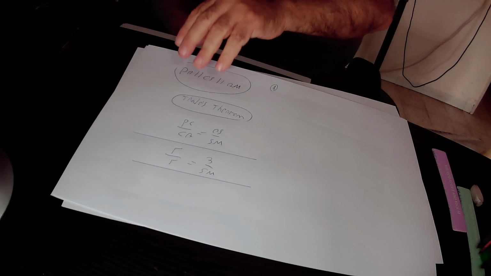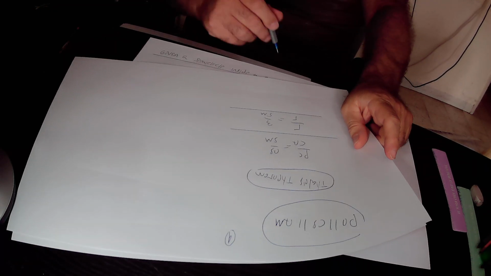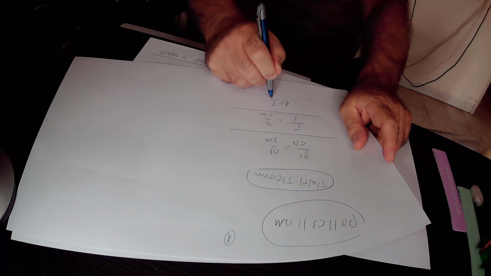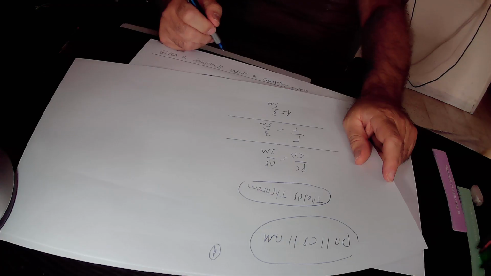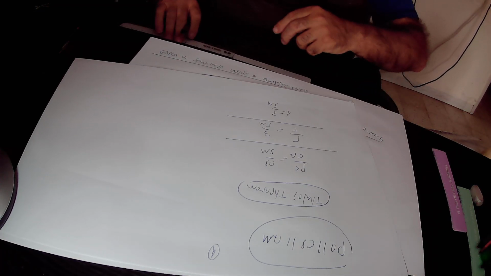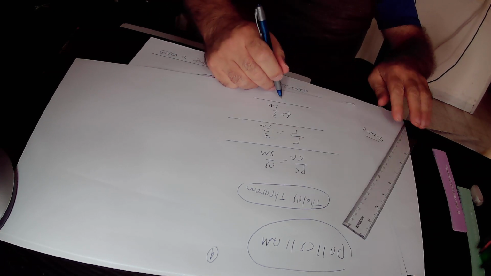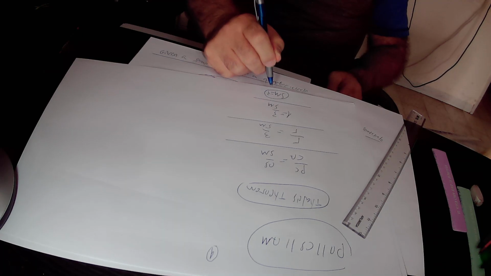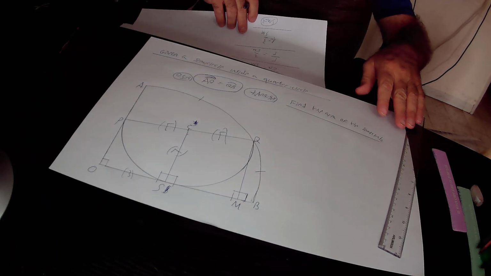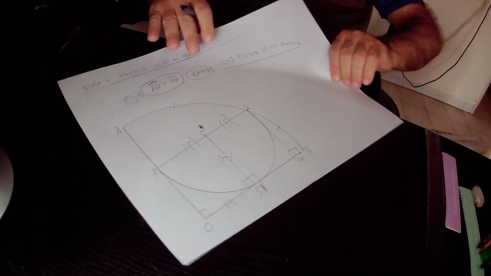R over R is 1. So 1 equals 3 over SM. Here we multiply this equation by SM, and finally get that SM equals 3 units in length. This is side SM, equal to 3 units.